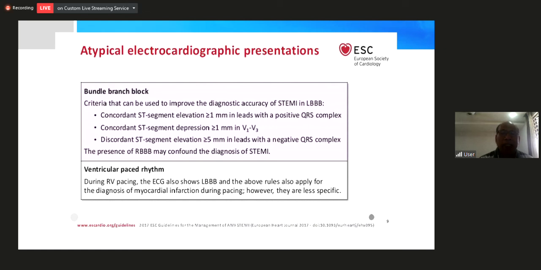This I want to tell you, you have to memorize this. There are the modified Sgarbossa criteria to diagnose. That's just what I want to highlight to you. Not all patients will present with typical ECG changes, especially in LBBB. You can't see any ST elevation. Okay, next slide.